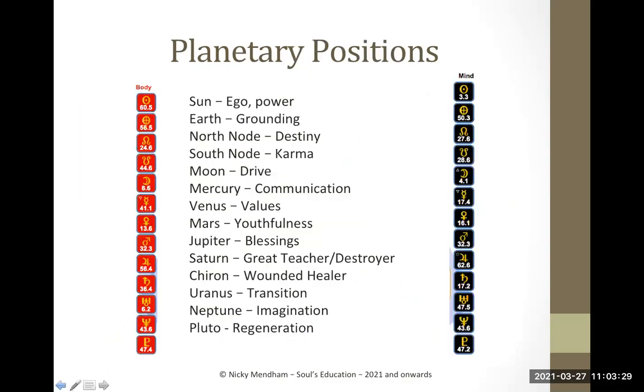And then just going back to the planetary positions, these are the positions of the planets when you were born. On the right-hand side, the mind side is all about the point of birth. And on the body side, the red, this is the point about 3 months before your birth.